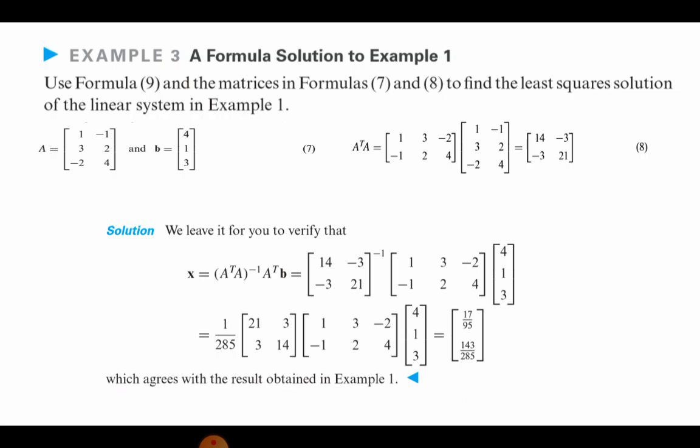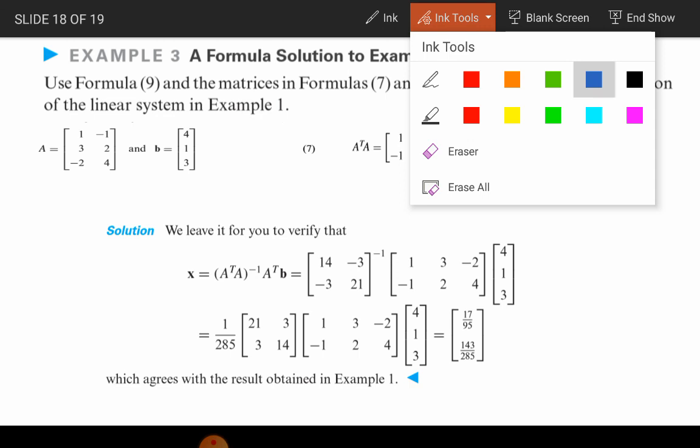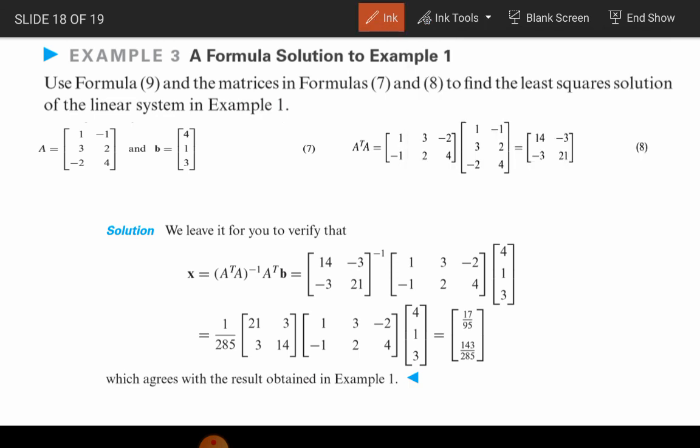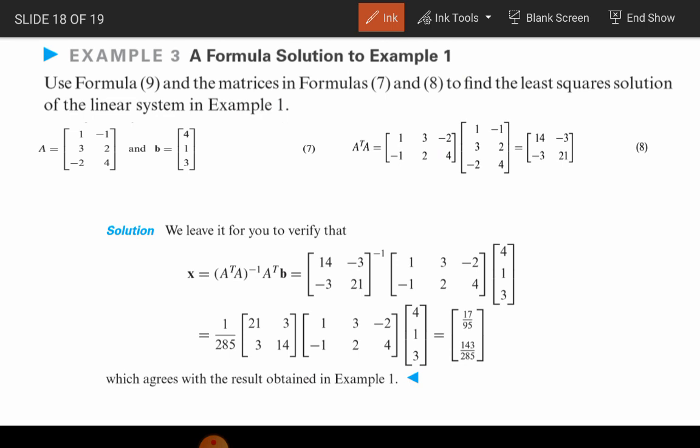Example from the formula before this and the matrix in formula 7. This is the matrix in formula 7. We want to use formula 7 and formula 8.